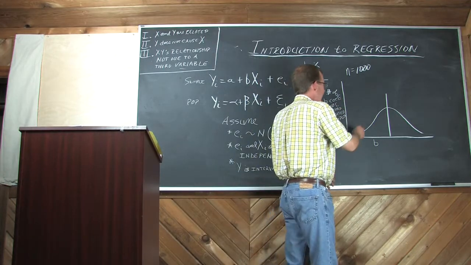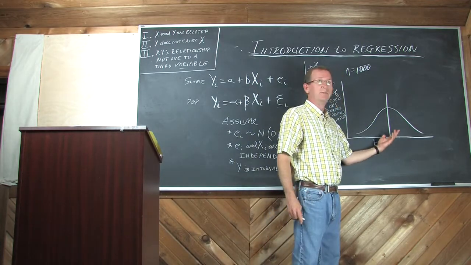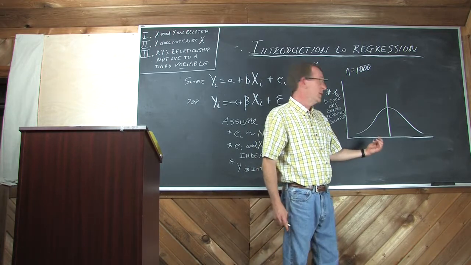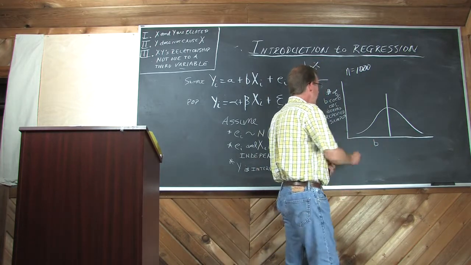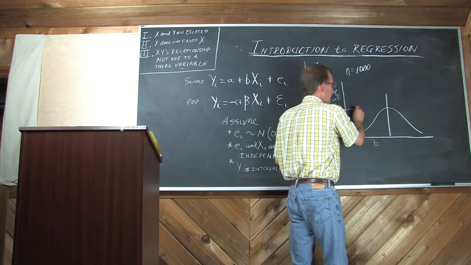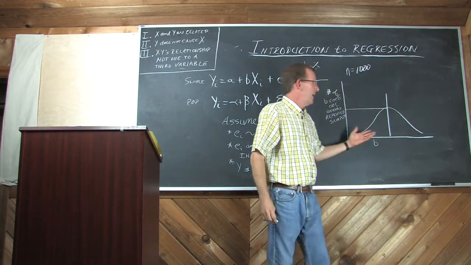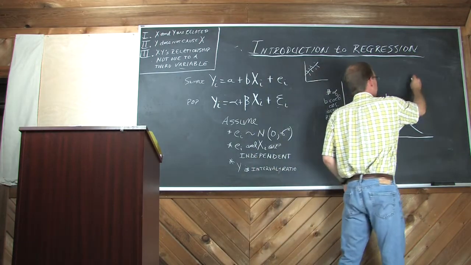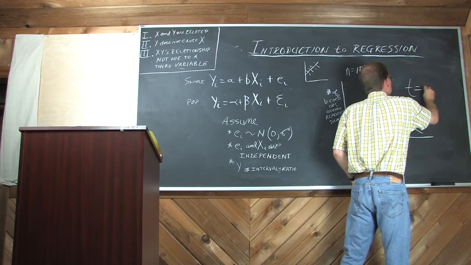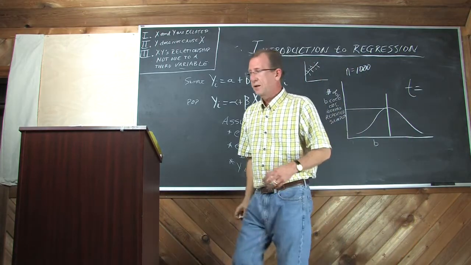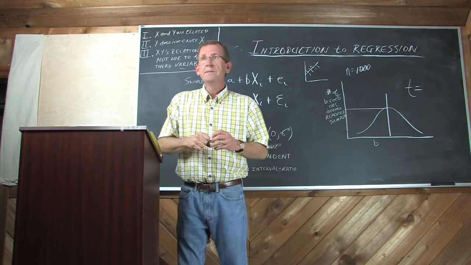And then we're looking at the relative frequencies of observing sample B's here. So this spot's the most frequently observed. And we're going to say that that distribution is T, Student's T, remembering from earlier.